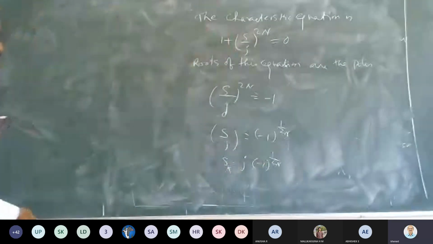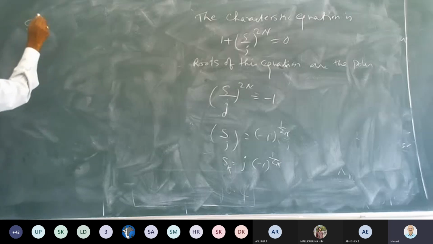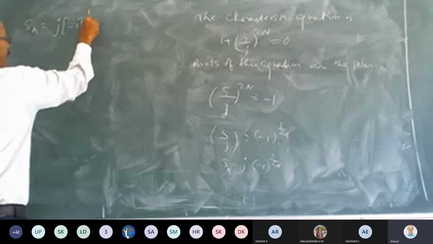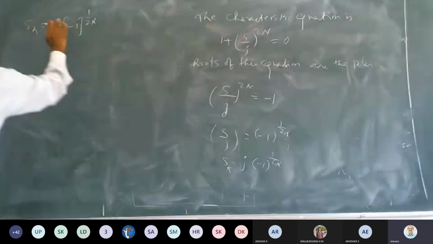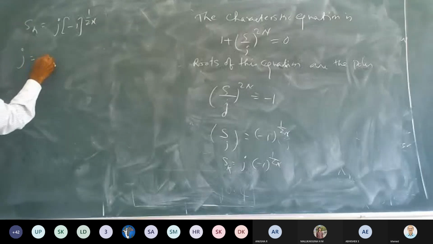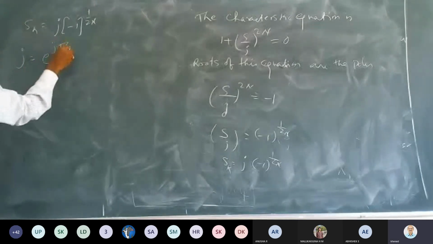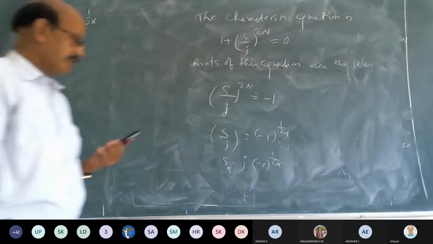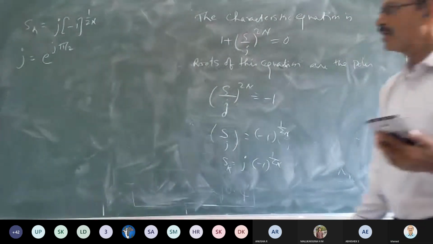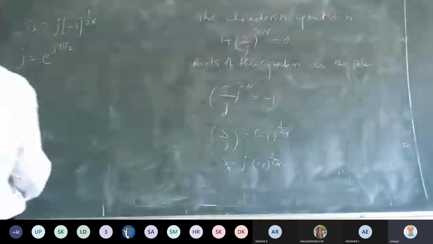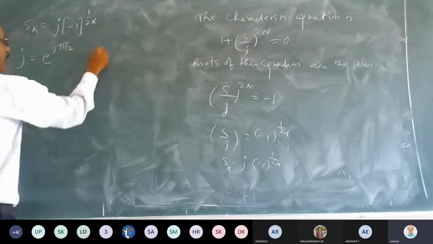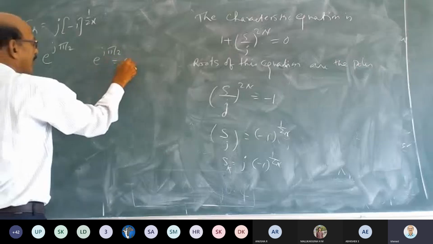Now we have s_k equal to j into minus 1 to the power of 1 by 2n. J can also be written as e to the power of j pi by 2. Let us see whether this is true.